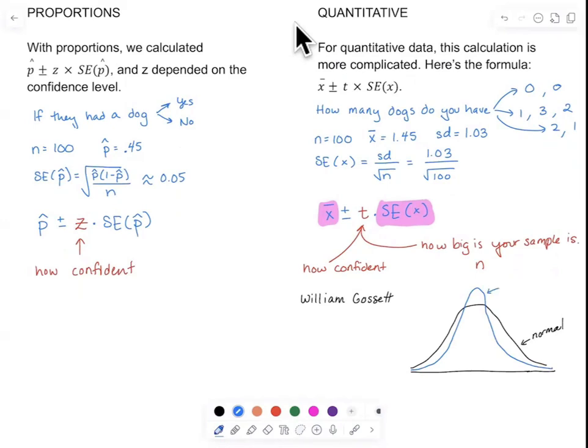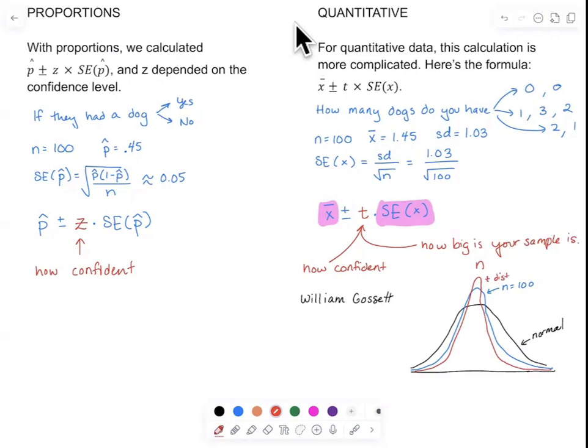Maybe that was for when his sample was 100. The smaller the sample was, the pointier the distribution got. He called these t distributions.